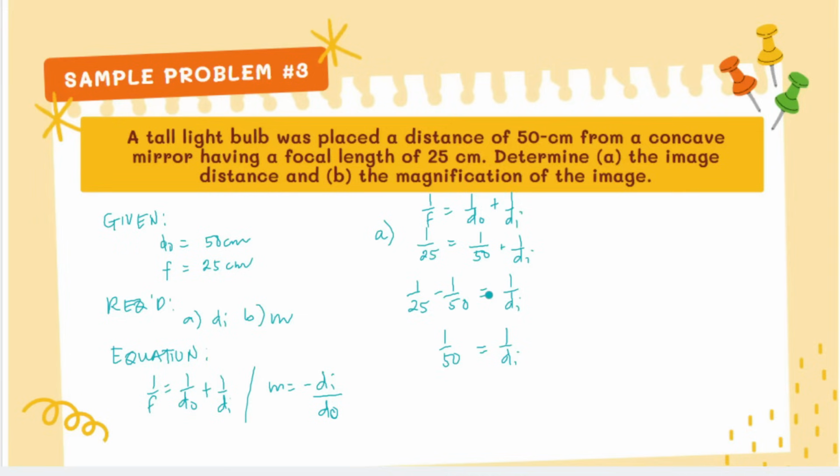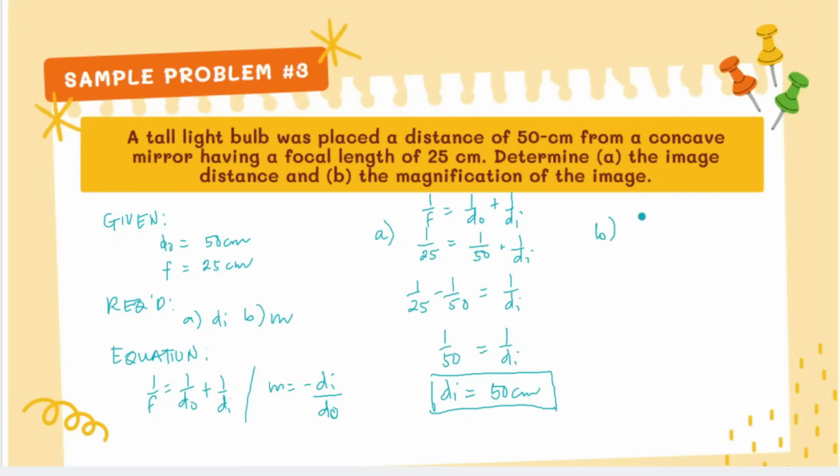So, what do we get? We will be getting di is equal to 50 centimeters. Positive si di, ibig sabihin real ang image na form.